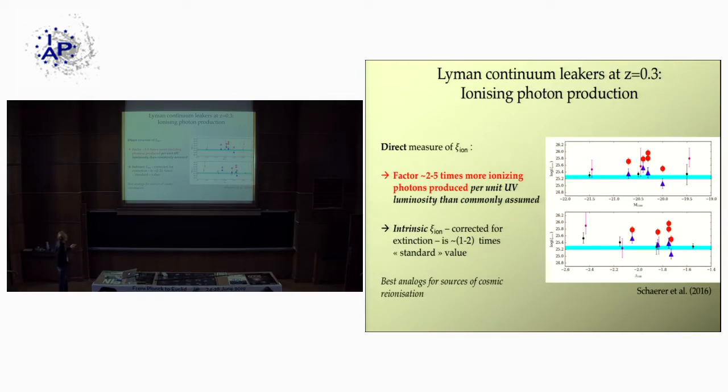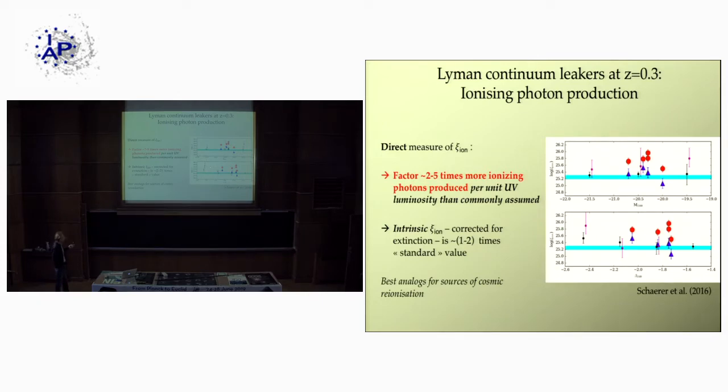And in normal calculations for the budget of ionizing photons, we usually assume this value here, which is 25.2 on this log scale. And what we've seen is that in the galaxies we're looking at, we have a somewhat higher ionizing photon production, of the order of 2 to 5 times or so, or at least somewhat higher.